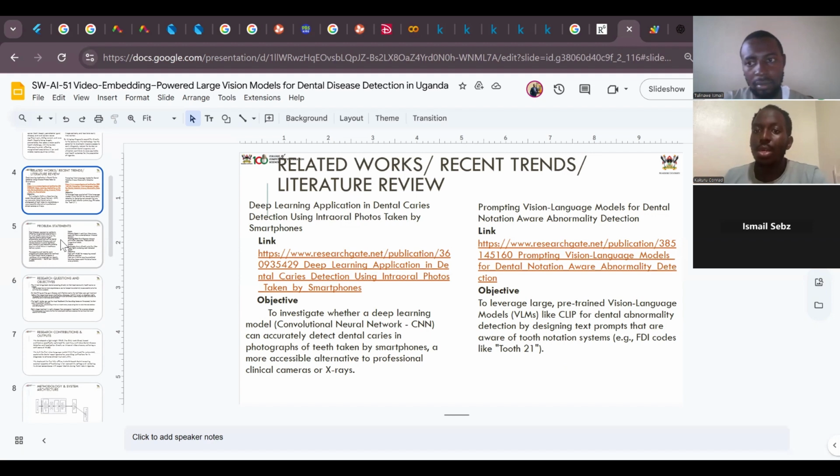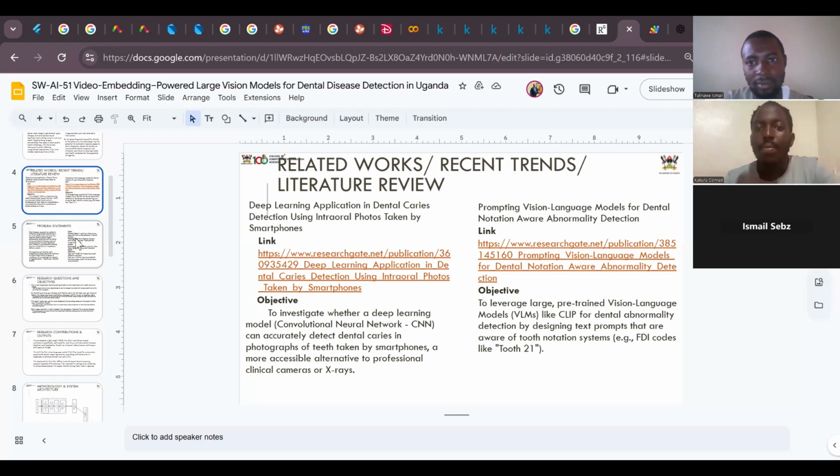So we want to use normal images. Then the second paper was about annotation of abnormalities in someone's teeth. Here they used LVMs like CLIP to detect anomalies and identify them in the teeth of the people. There were many papers, but these are the two that really caught my attention.